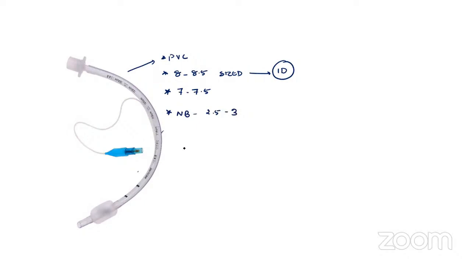In general, you can classify them into cuffed tubes and uncuffed tubes. Cuffed tubes are used whenever the child is 8 years and more. Uncuffed tubes are, of course, used when it is less than 8 years. Now, this is called the cuff, as all of you know, and this is the pilot balloon.